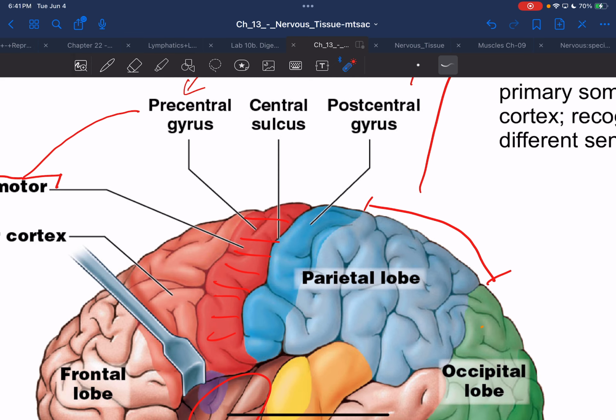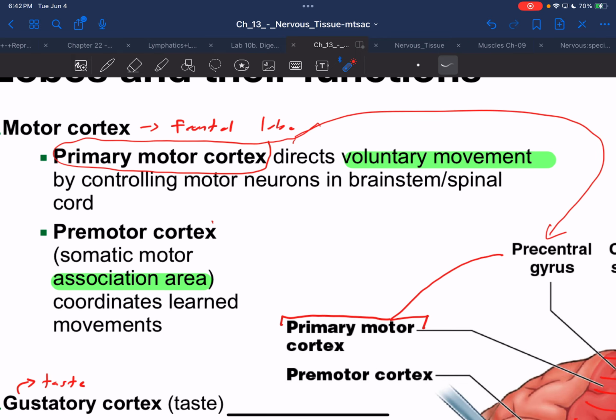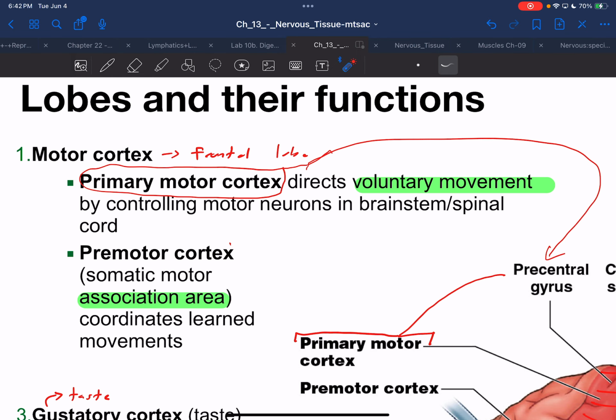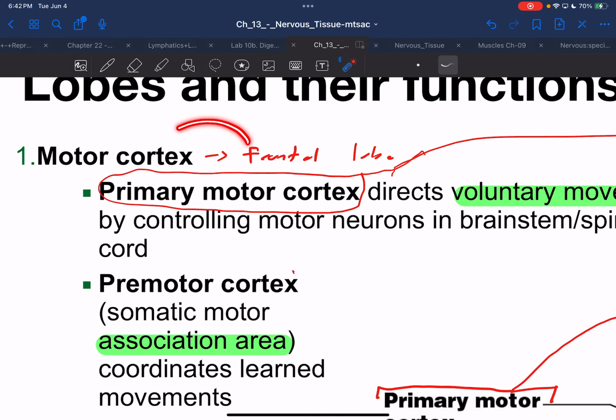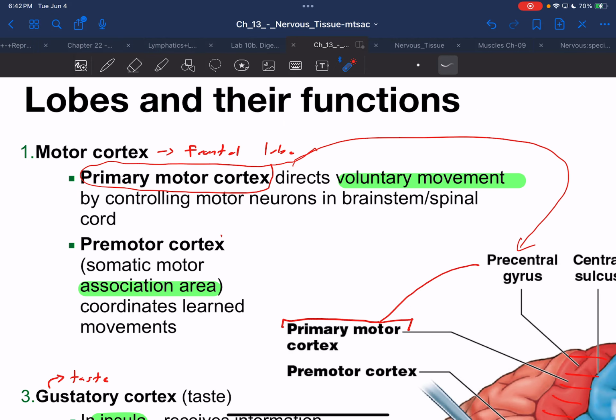And then the last thing, this central sulcus divides that region from the frontal lobe. The frontal lobe handles all conscious control. It is where your personality is stored, and it's also where you contain your motor cortex.